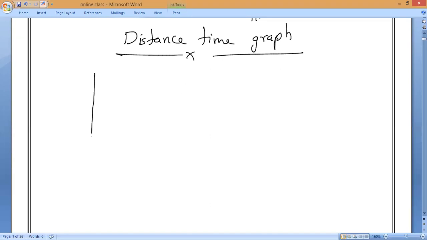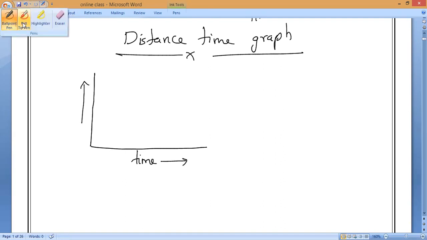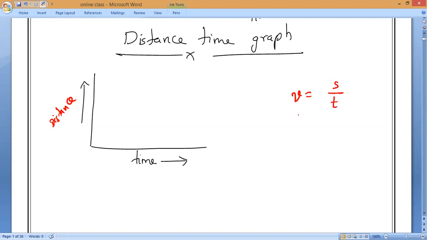So if we take x and y-axis, the x-axis is always time and the y-axis will be distance. So now we are studying distance. Distance by time will give you speed.